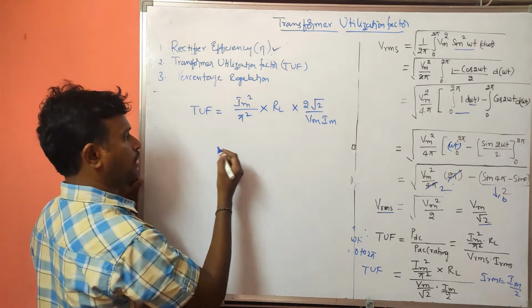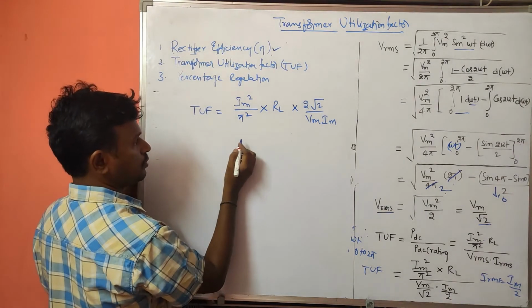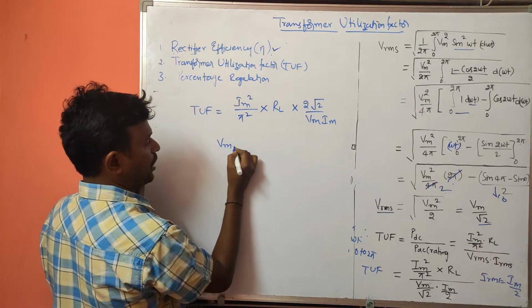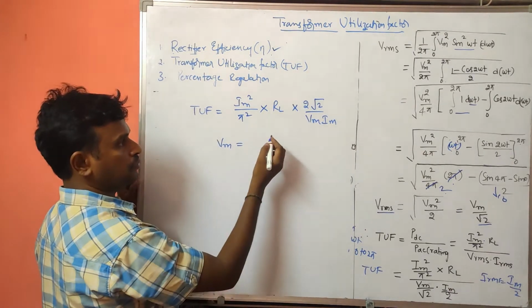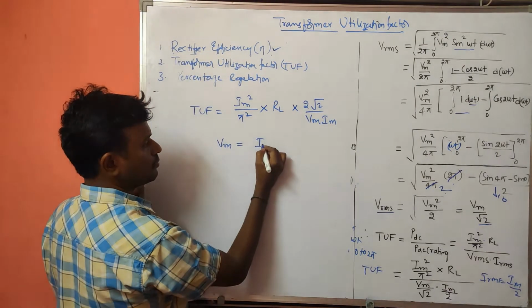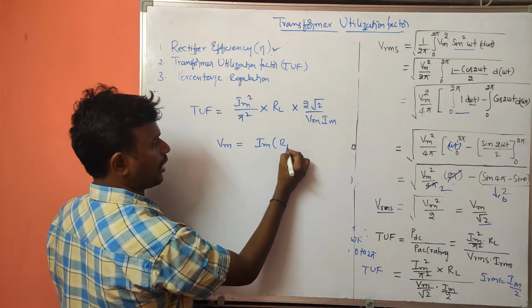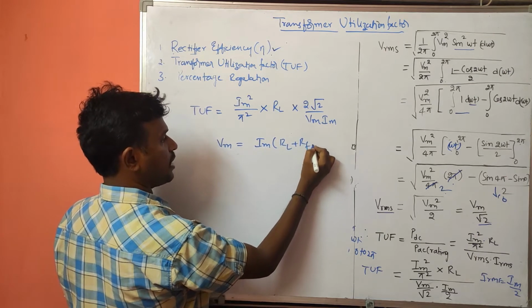Okay, but what is Vm here? Vm is equal to Im multiplied with (RL plus RF plus RS).